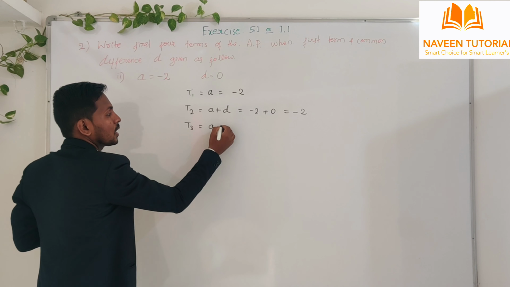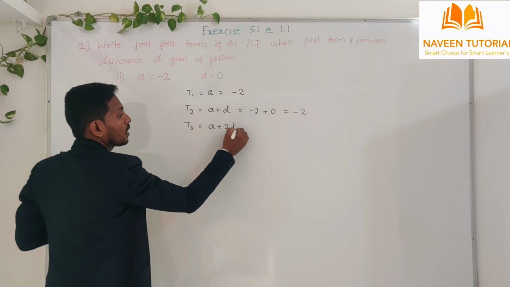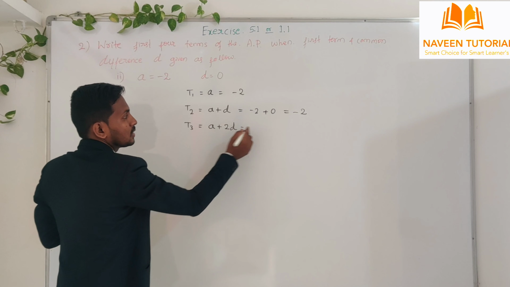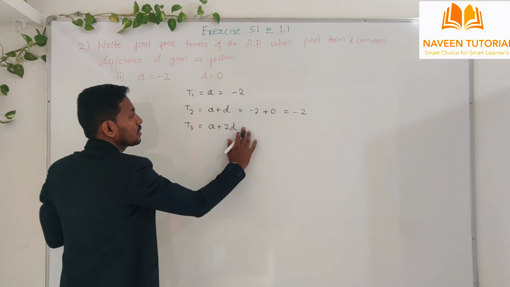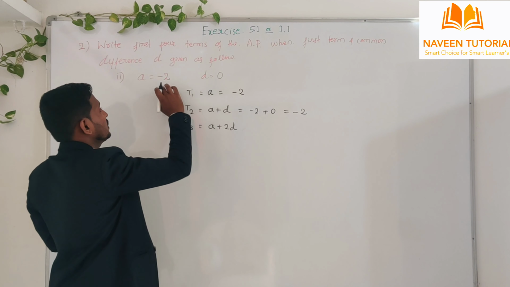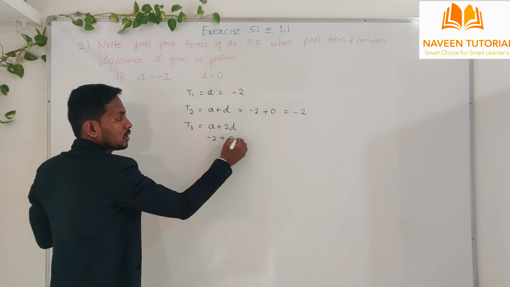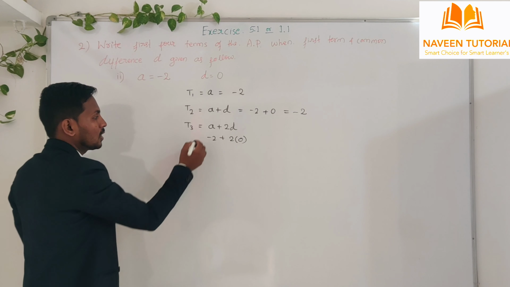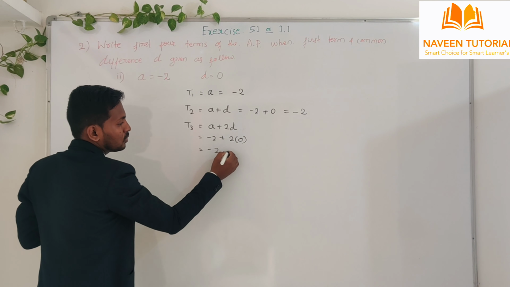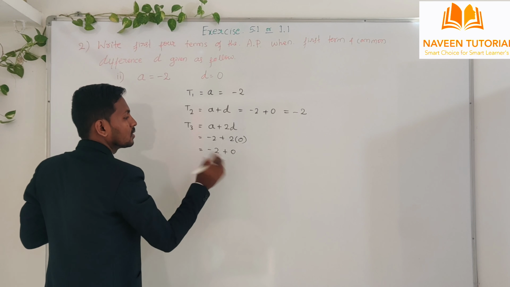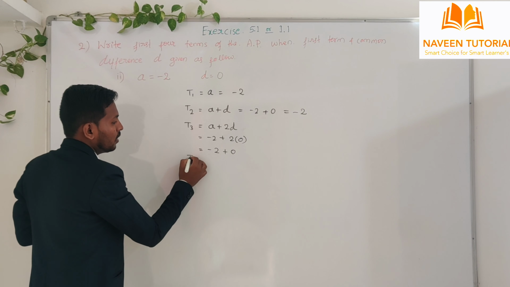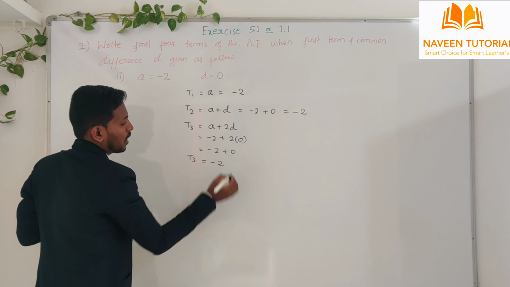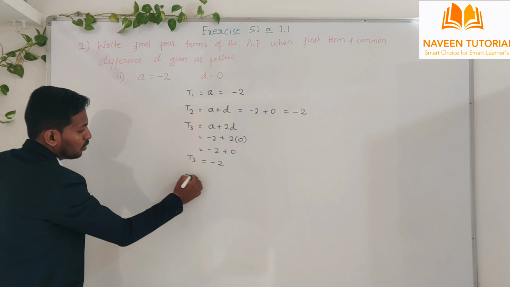And T3. So T3 is A plus 2D. The A value is minus 2 plus 2 times the D value, which is 0, that is equal to minus 2 plus 2 times 0, which is 0. So finally we obtain T3 is equal to minus 2. And now T4.